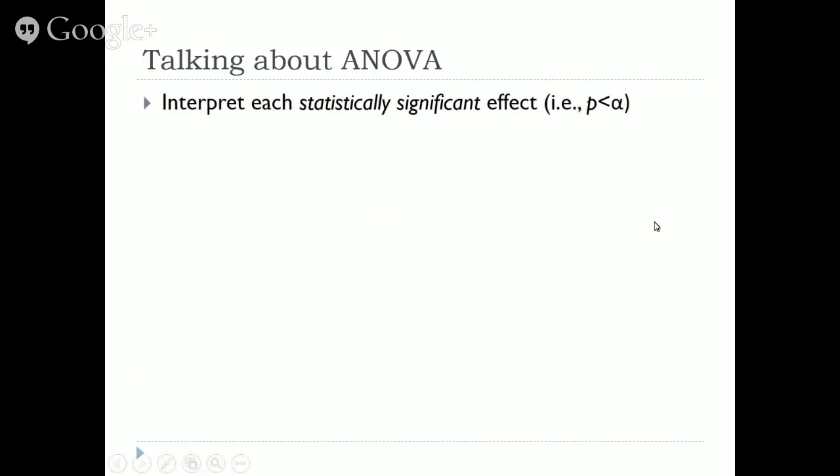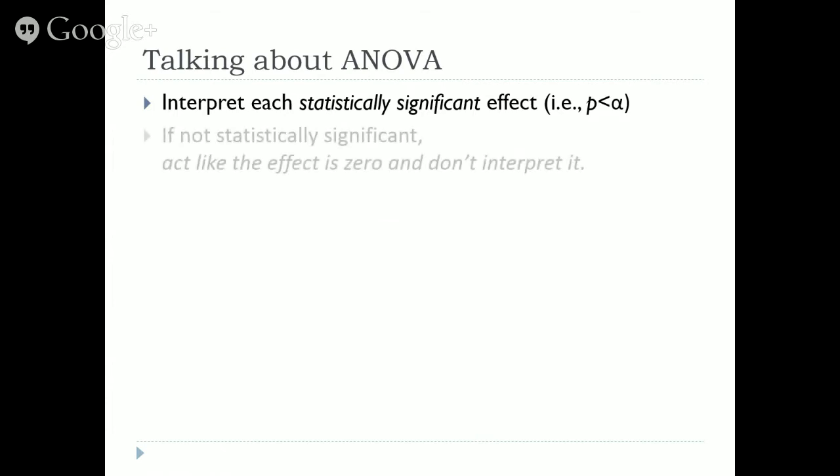So when we talk about ANOVA, we interpret each statistically significant effect. Statistically significant means that for its F ratio, the p-value that went with that F ratio was less than whatever your alpha was for the test. If it's not statistically significant, then you act like it didn't happen, like nothing happened.